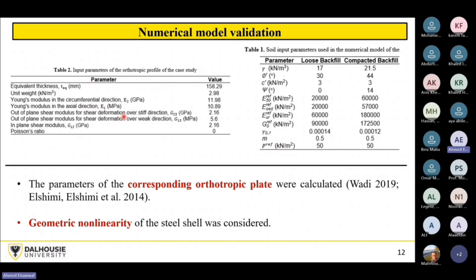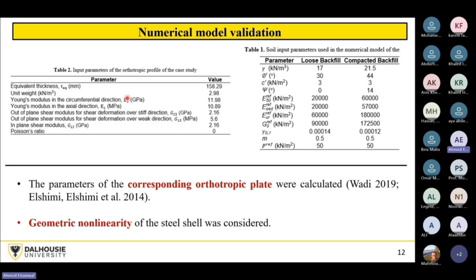Anyway, if you don't want to explicitly model the corrugation and you want to simplify the problem, you can use an equivalent plate which has an equivalent thickness, but you must consider new parameters for the steel, because the stiffness in the circumferential direction must be higher than the stiffness in the axial direction.